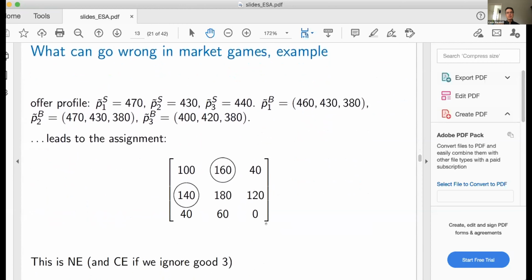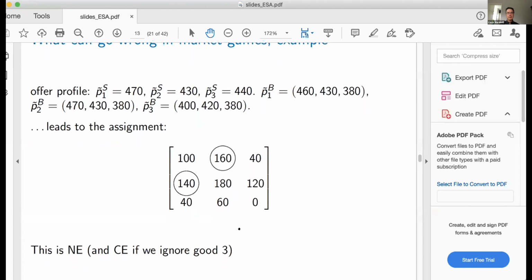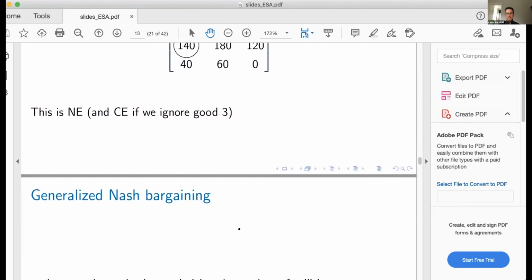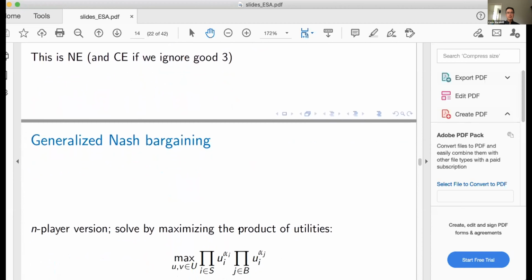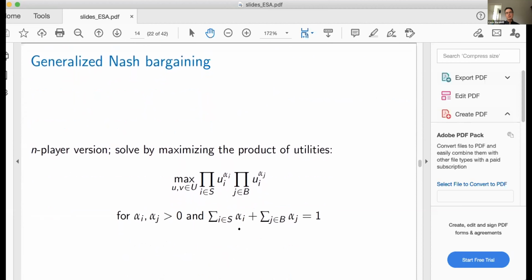So this is an example of a semi-competitive equilibrium. Only 2 houses are traded. So that may happen. Let's see if that actually happens in the lab. An alternative prediction to market games is generalized Nash bargaining. Of course, we are all familiar with this. Just maximize some weighted Nash product.